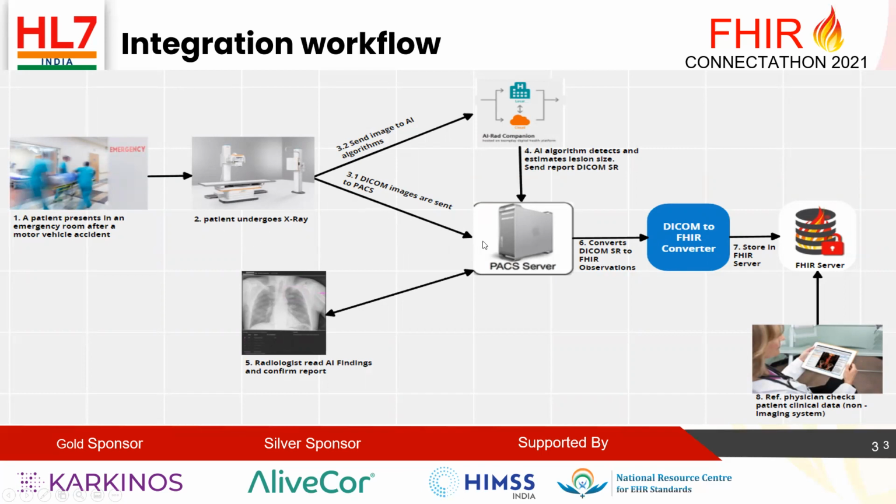Then it is archived through the archiving station and sent to the AI algorithm to detect the lesion size and other findings, and report it via SR to the PACS server. Whatever has been reported is converted into observations, the DICOM SR, and given to the FHIR server. From the FHIR server, the referring physician can check the converted FHIR observations, the SR objects, in his tablet or his viewing station.